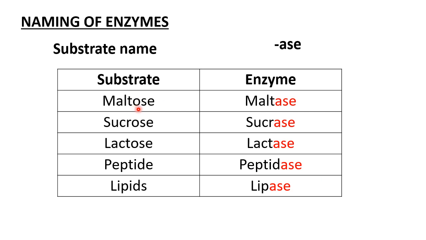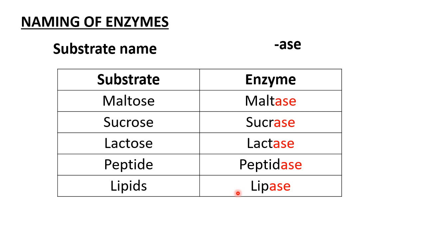To develop a name for the enzyme that acts on maltose, these three letters are removed or discarded, OSE, and we put ASE to make maltase. So that's how enzyme names are developed from substrate. The same pattern can be seen on sucrose, where we have sucrase, lactose, we have lactase, peptide, where we have peptidase, lipids, where we've got lipase.